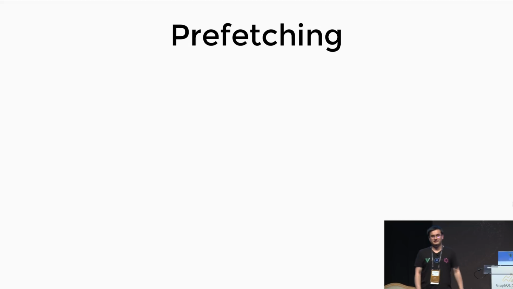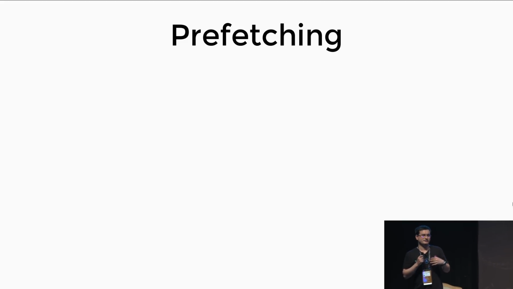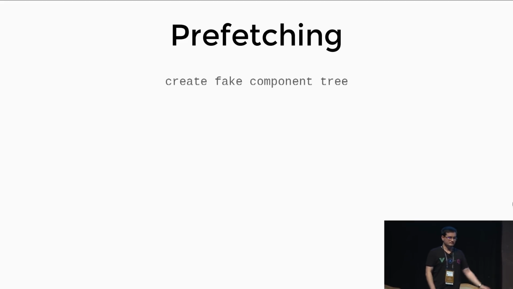Prefetching is the main meat of this, because we need to gather all the GraphQL queries inside your components, and then we have to execute them, and then we have to render the app. So here's how it works. First, I'm creating a fake tree of all the components in the app.